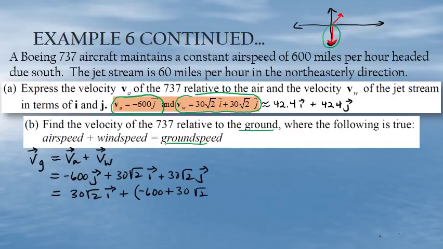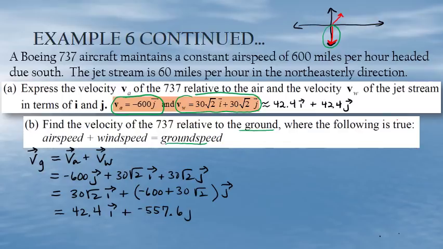And I wrote it like that because I can't directly add 30 root 2 and negative 600. To get a little bit better feel for it, this is where I'm going to put this into my calculator, and I get 42.4i. And if I take negative 600 and I add 30 root 2 to it, I get negative 557.6 J.